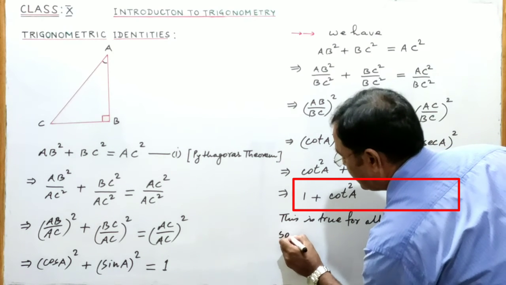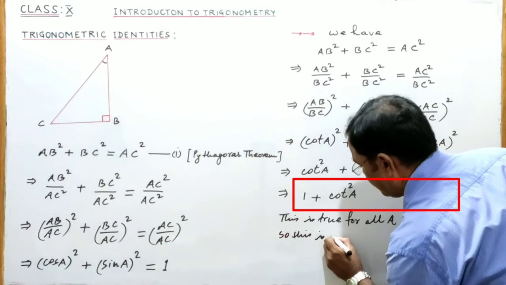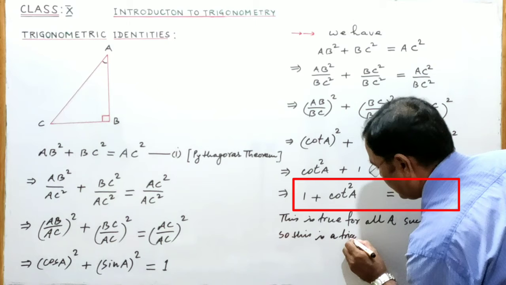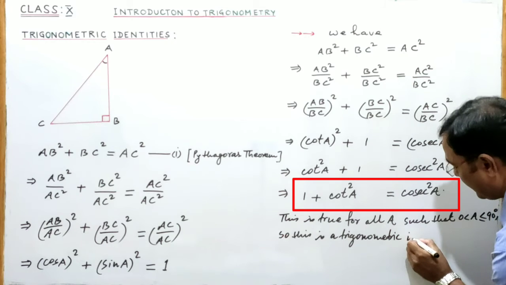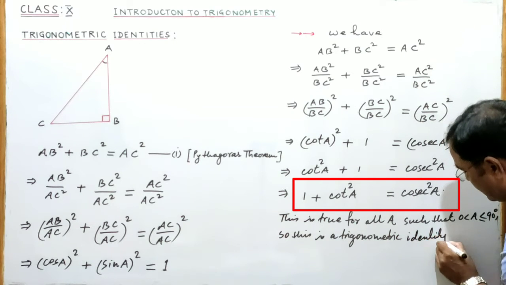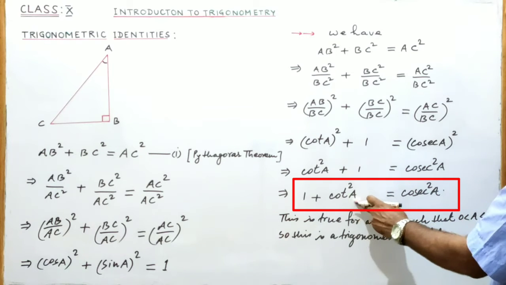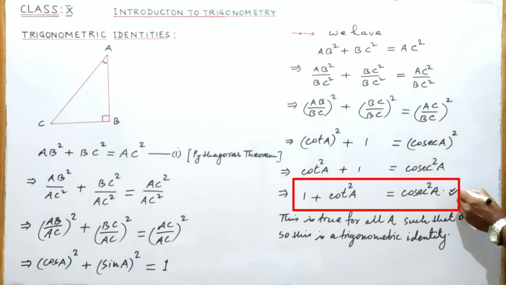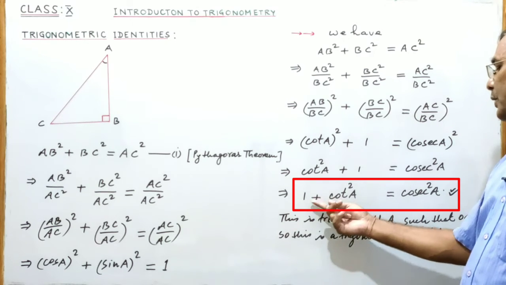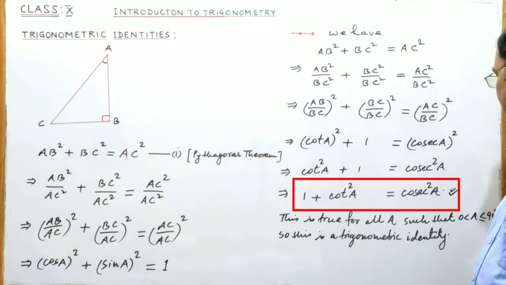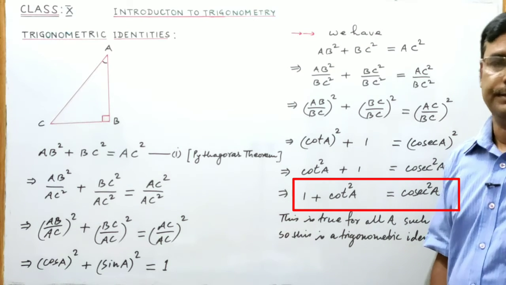So this is a trigonometric identity, because 1 plus cot square A equal to cosec square A is true for all acute angles A from 0 degree to 90 degrees except 0 degrees. So this is also a trigonometric identity: 1 plus cot square A is equal to cosec square A.